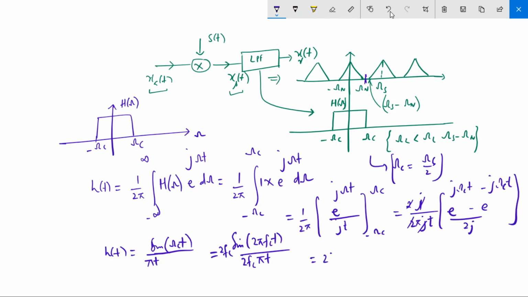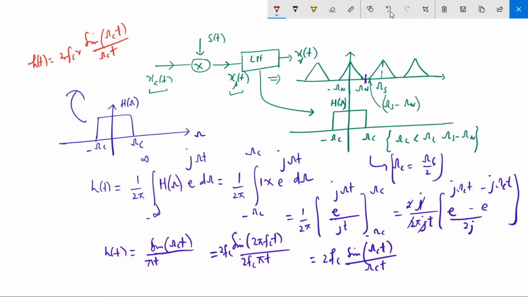So it is 2 fc into sine of omega c t divided by omega c t. So for this filter you have this impulse response now. Your h(t) becomes 2 fc multiplied with sine of omega c t upon omega c t.